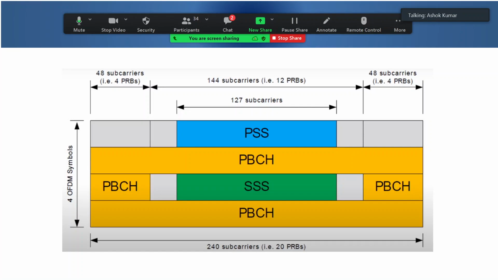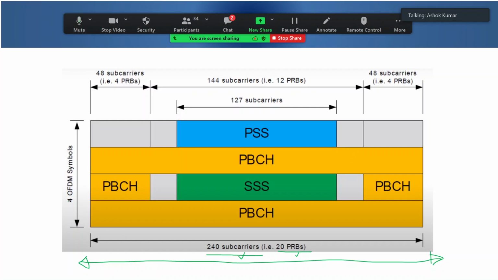Just look at this picture, I think it is pretty clear. In terms of frequency, it is 240 subcarriers. If you calculate in terms of RB by dividing by 12, you'll get 20 PRB. So our SS block requires 20 physical resource blocks, that is 240 subcarriers in terms of frequency.